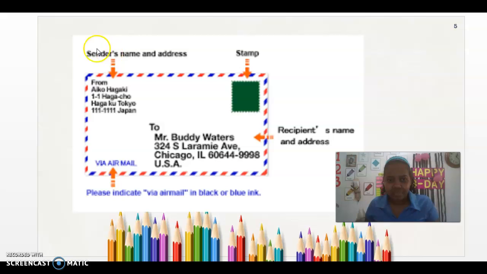Don't forget: the sender's name and address, the person who is sending the letter. And in the middle, the name of the person who is receiving the letter. Then in the other corner, the stamp.